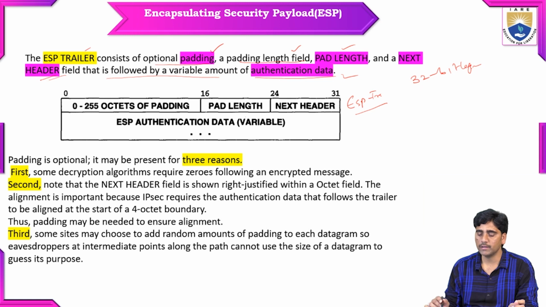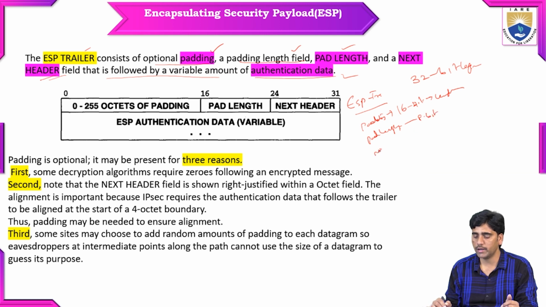Next is the pad length, with optional padding of 0 to 255 octets. The padding is 16-bit length. The next, pad length, is an 8-bit field.